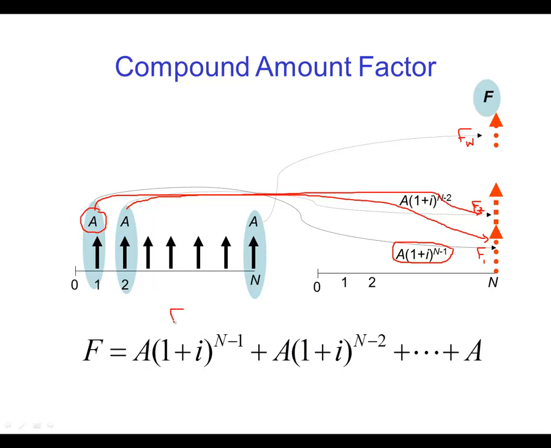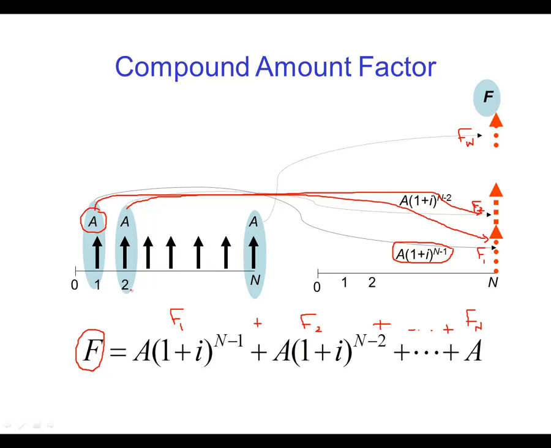So this will be F1 plus F2, all the way to Fn, which in this case equals A. Adding these values will give me the total future value of these annual or equal-period payments.